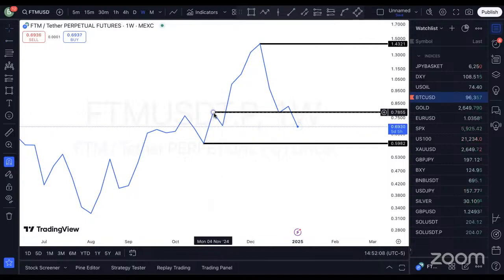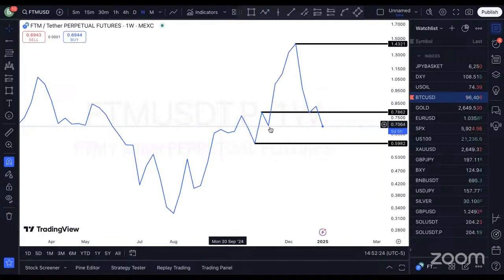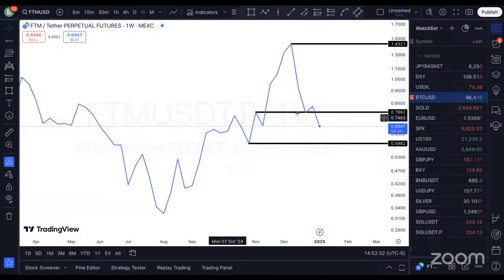Here's resistance, broken, revisited, pushed, broke, and dipping down, heading to this place. But heading to this place, there is something here. This is important as well. See this, see this. So it's important, so we have to take note of it.